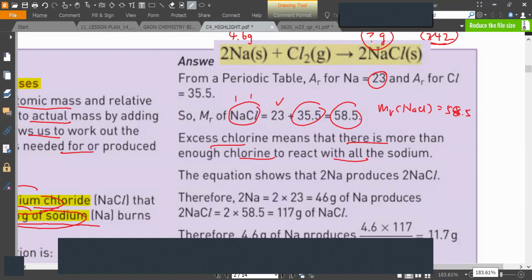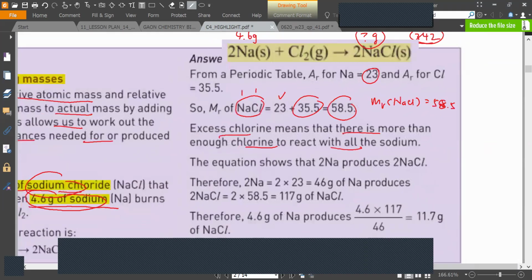Now we see carefully. From the equation, we can see 2 sodium will produce 2 sodium chloride. Which means 2 sodium, which is 46 grams, will give 2 sodium chloride, which is 117 grams.